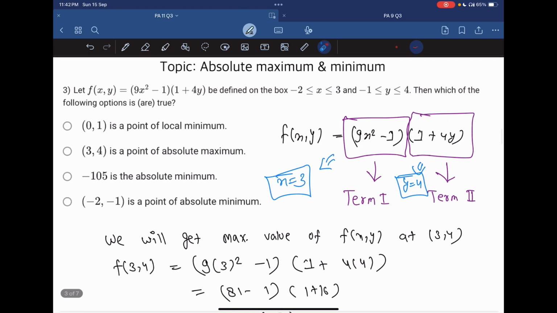Okay, so just as we checked for the maximum value, let's try finding the minimum value of the function in the same manner. Our goal now is to find the minimum value. This term, in this range of x, can never be negative and can never be 0 either. But 1 plus 4y is a linear function and within this range, it can be negative.